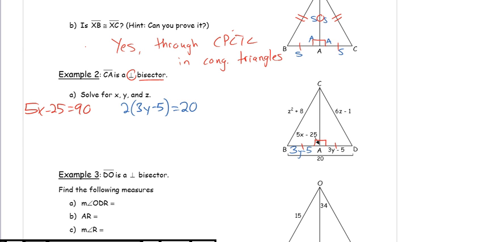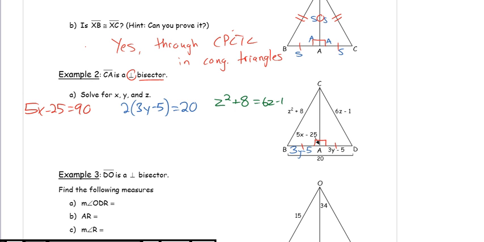You guys finish them. And your last one, which will take a little bit more work for you guys, but nothing anybody in class can't handle. z squared plus 8 has to be equal to 6z minus 1.